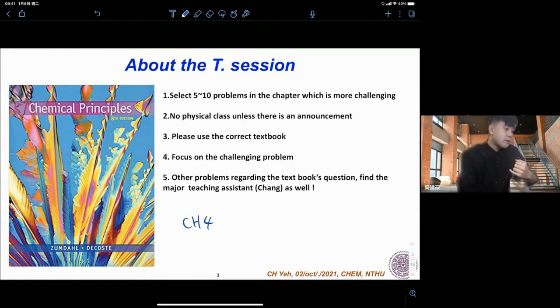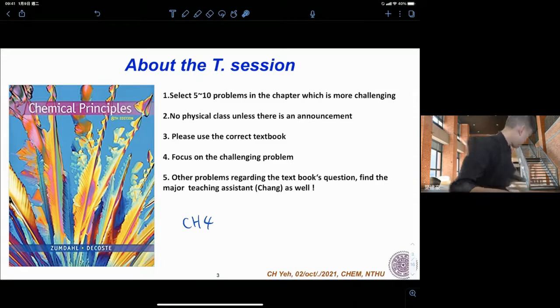Okay, and here's an important part. Please use the correct textbook. Zumdahl has maybe 9 or 10 editions, but the 8th edition is the most complete in chemistry, because kinetics and thermodynamics have a large reduction in the later editions of Chemical Principles.